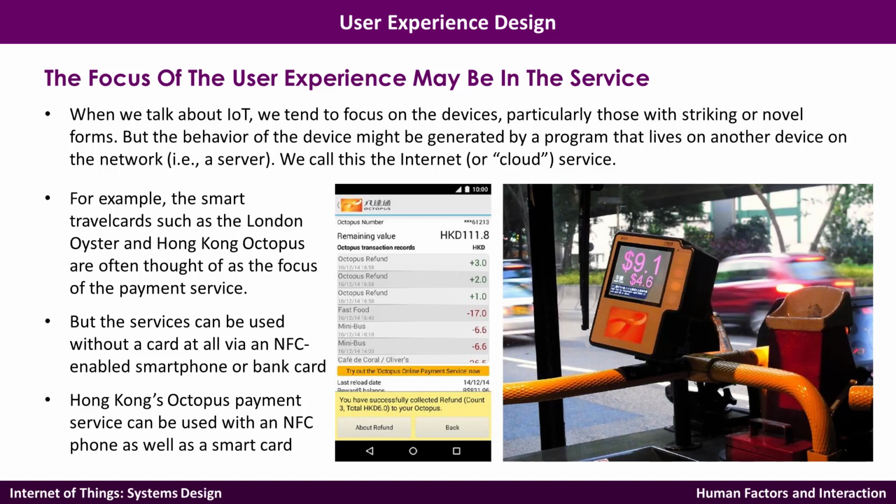In reality, IoT devices exist to provide a particular service. For example, in the smart travel domain, the London Oyster or Hong Kong Octopus act as a payment service. We don't see them as individual devices where people tap their cards.